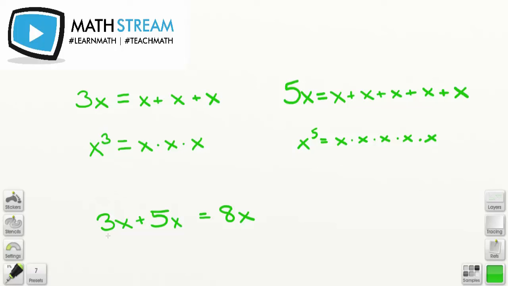The reason is because, remember we said that 3x is really just x plus x plus x, right? And 5x is really x plus x plus x plus x plus x, 5 times. So if I take 3 x's and I add to that 5 x's, we have 8 x's.